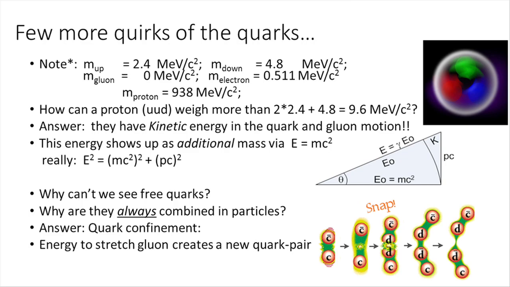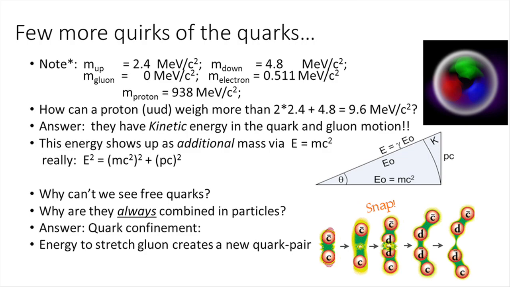Heisenberg uncertainty principle says they've got to go really fast. If they're going really fast, what kind of energy do they have? They have kinetic energy. So the quarks and the gluons themselves have kinetic energy. It adds up as additional mass.